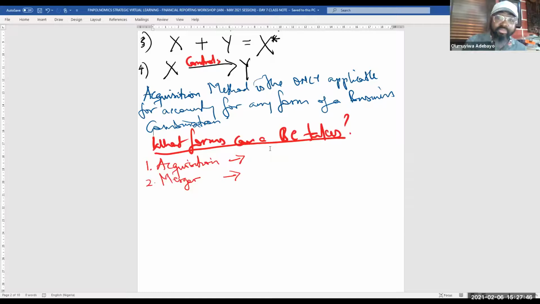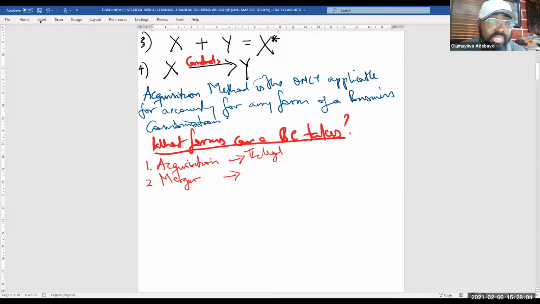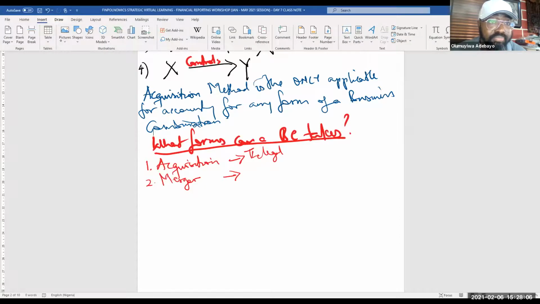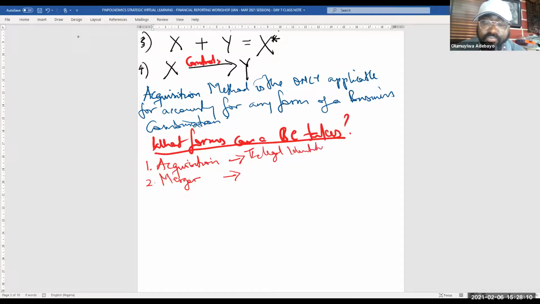Okay, thank you. Which means what you can conclude there is that the legal identities of the entities are maintained.